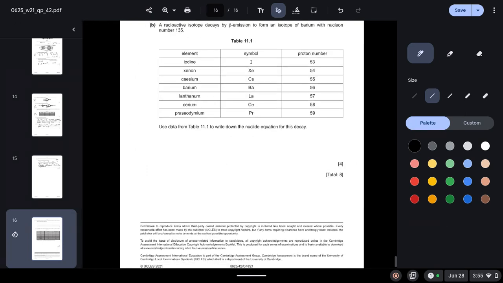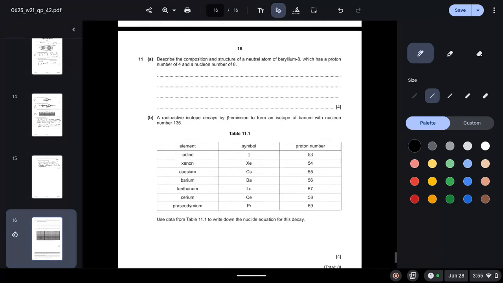Question 11, which is the last question. Describe the composition and structure of a neutral atom of beryllium-8 which has a proton number of 4 and a nucleon number of 8. Since it is an atom, we know that it will have a small nucleus concentrated at the center and surrounded by electrons.